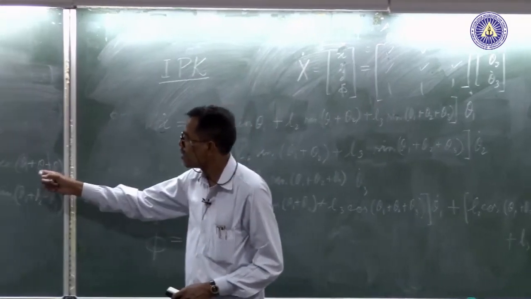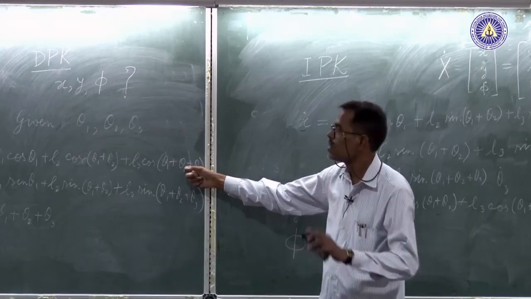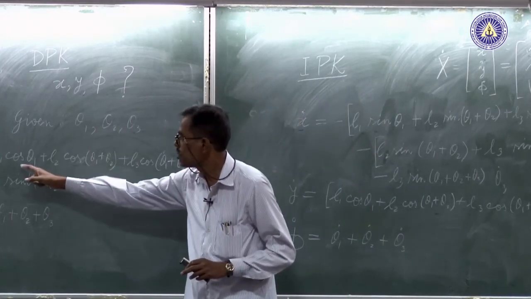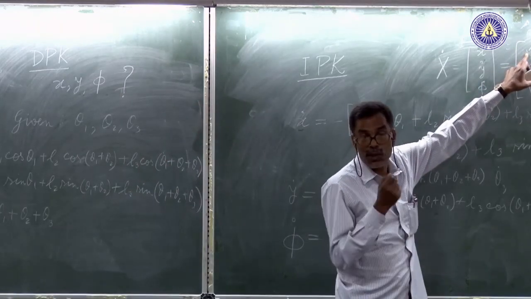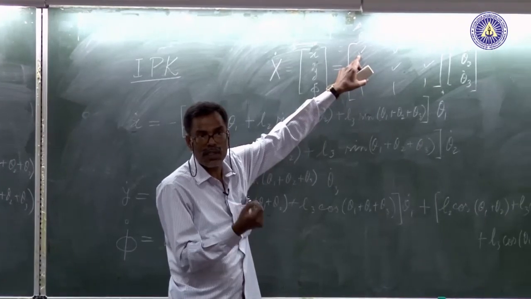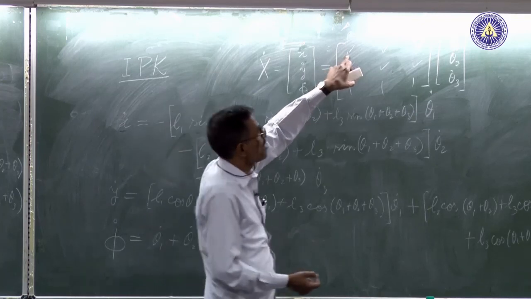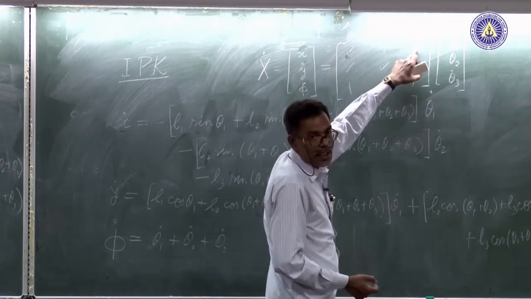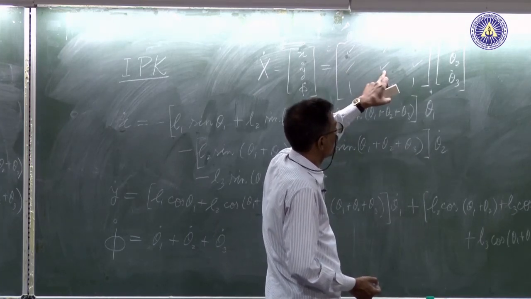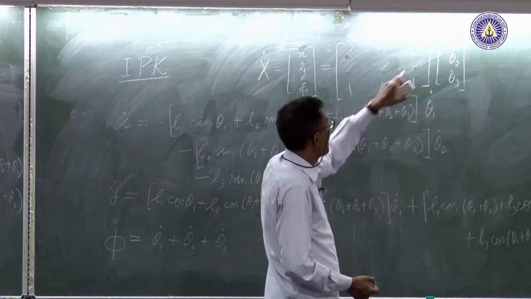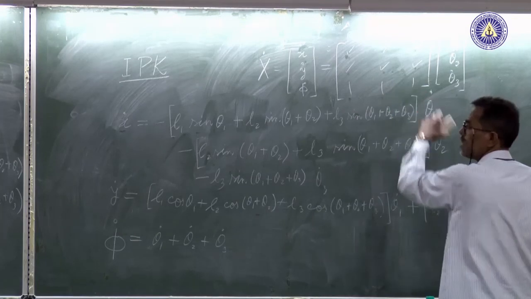When you differentiate this with respect to theta 1 only, okay, then you get this one. So, this is theta 1 only treating theta 2, theta 3 as constants. So, this is actually del x by del theta 1, del x by del theta 2, del x by del theta 3, this is del y by del theta 1, this is del y by del theta 2, this is del y by del theta 3, and this is del phi by del theta 1, del phi by del theta 2, del phi by del theta 3.